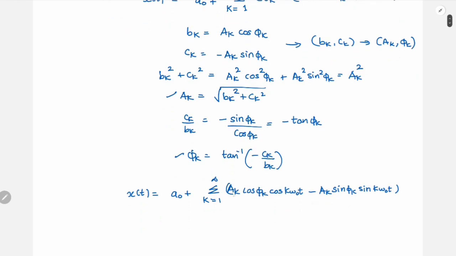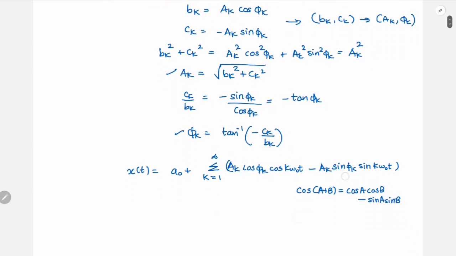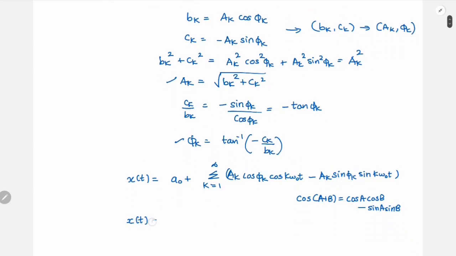Again, if we take ak common, we have the formula for cos a plus b, which is nothing but cos a cos b minus sin a sin b. So this implies that x of t is a naught plus summation k equal to 1 to infinity ak cos of k omega naught t plus phi k.